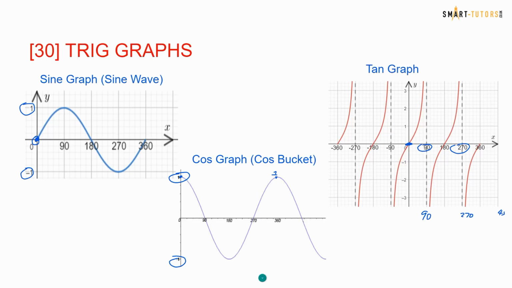This dotted line is called an asymptote line, where the curve is approaching but not touching. So 0, 180, 360, where the graph passes through. And the asymptotes are going to be 90, 270, 450. The pattern of the graph, you need to remember the pattern. So sine curve, cos curve, and tan curve.